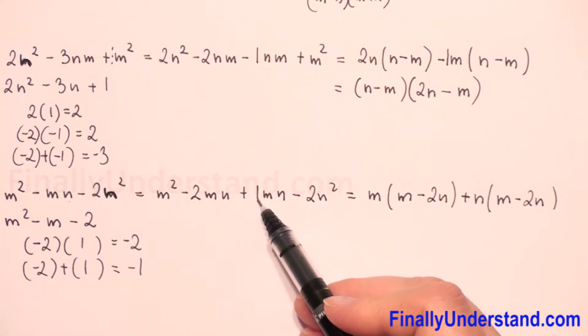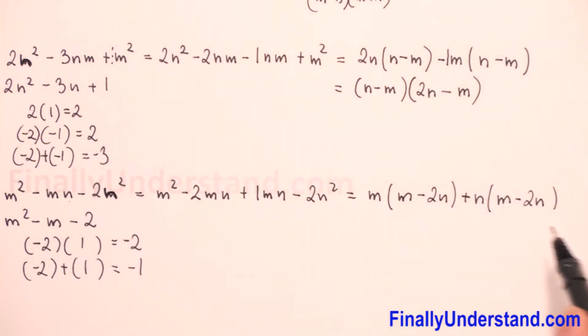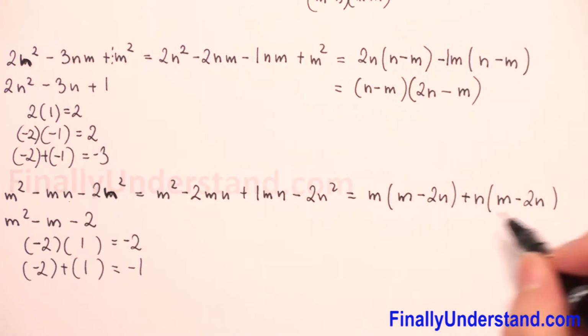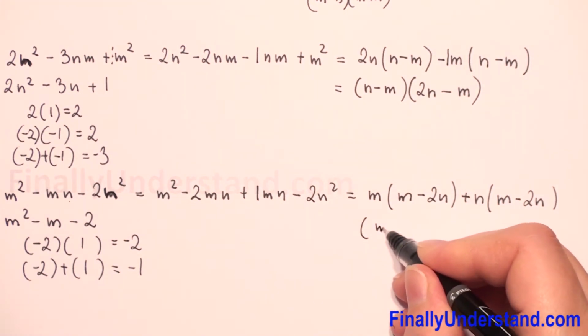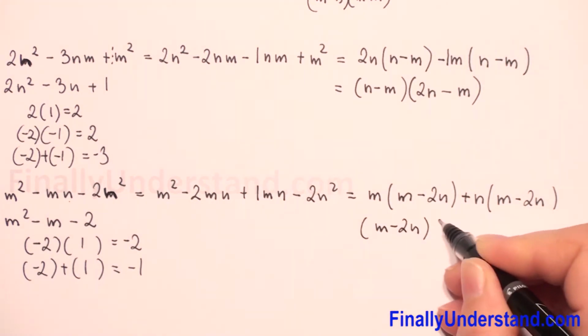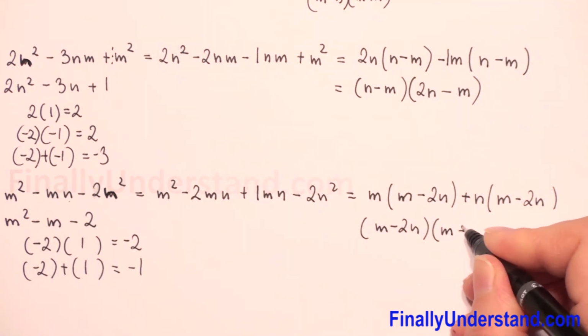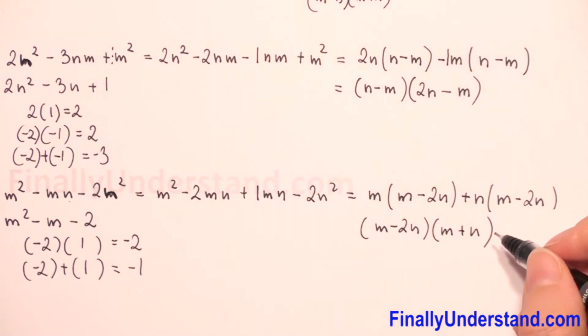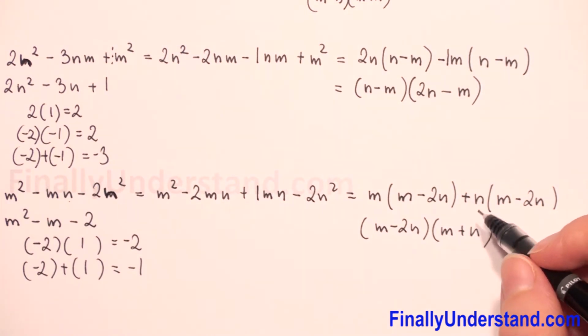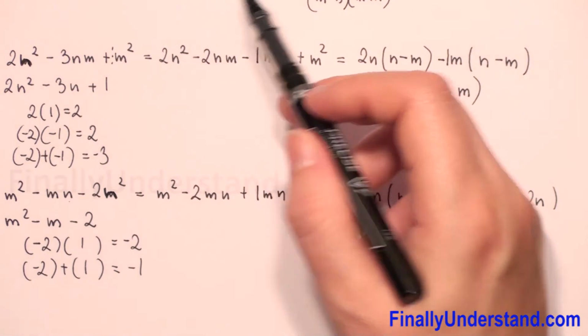I don't have to put this 1 because when I am multiplying by 1 it still will be n. So now we can factorize m minus 2n, and in the second parenthesis will be whatever is left, so m plus n.